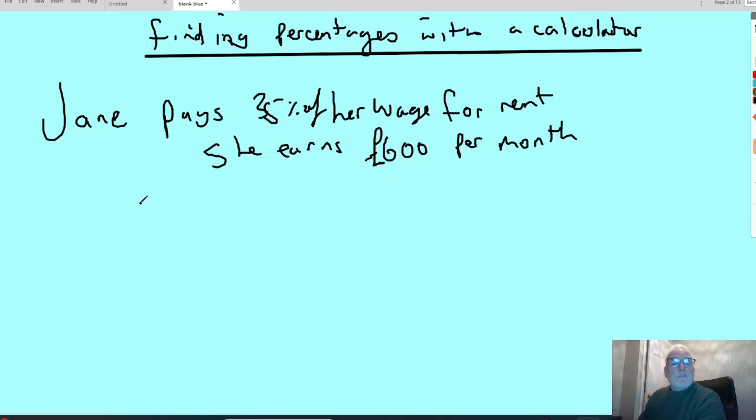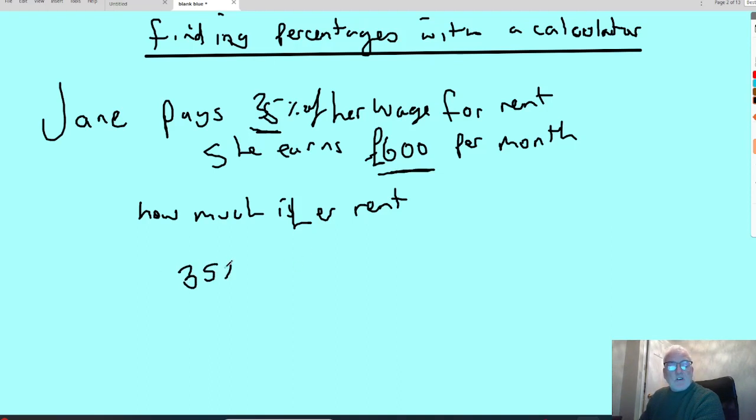How much is her rent? So we need to find out how much her rent is. Let's think about how we can do this. We know it's 35% of her wage, and we know she earns £600. So can we find 35% of £600? Sometimes you may just see it as, what is 35% of £600?